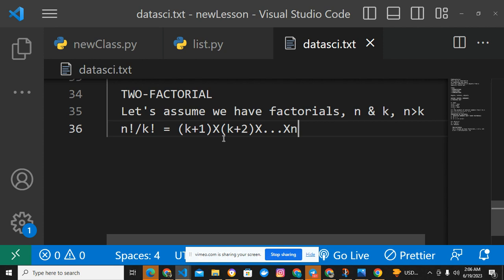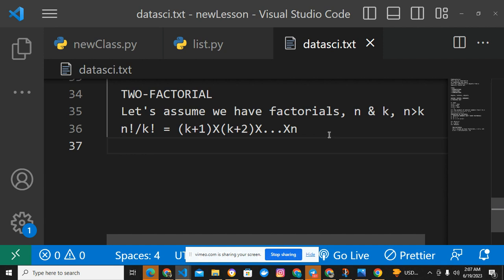This is a very important formula. N factorial divided by k factorial equals this. Now let's prove it. I won't give you any formula without proving it.